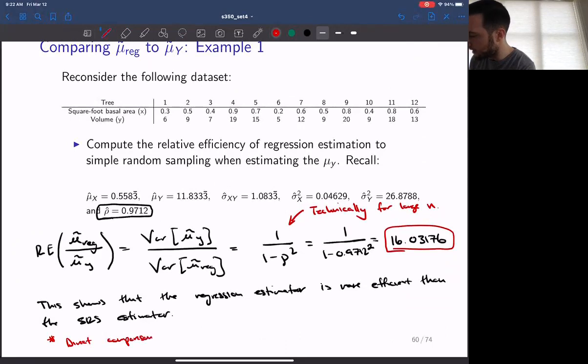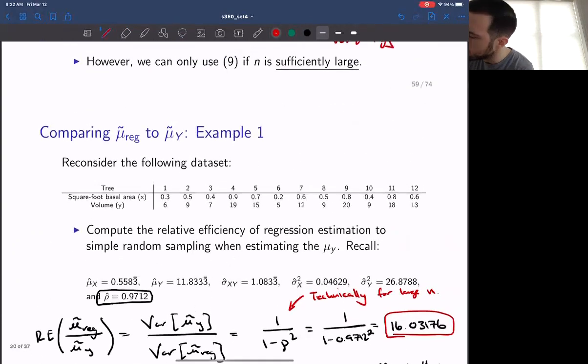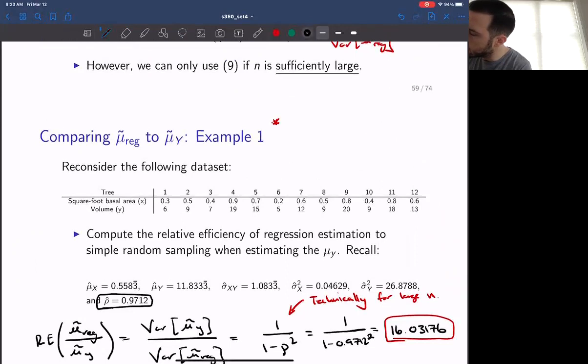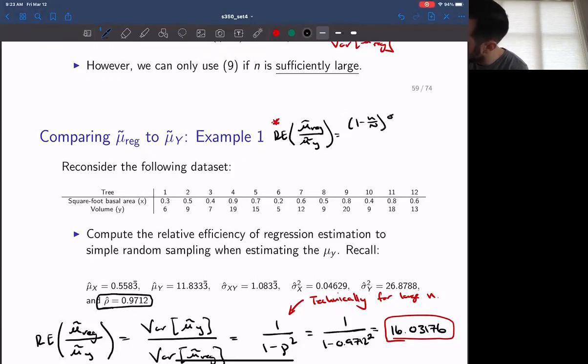so if we wanted to make a direct comparison, we can show that the relative efficiency of mu reg to mu tilde y, which we know is equal to the variance of mu y over mu reg. So this becomes 1 minus little n over capital N times sigma tilde squared over n divided by 1 minus little n over capital N multiplied by the MSE over n.